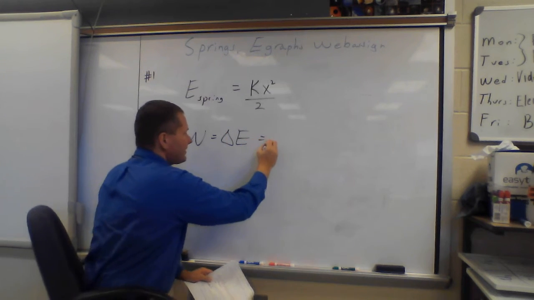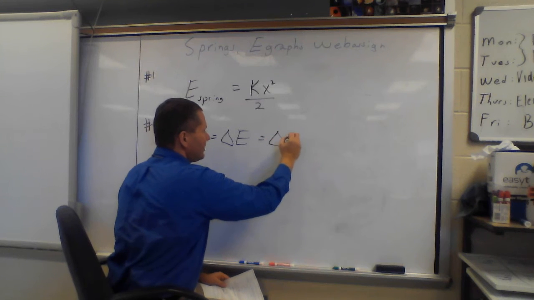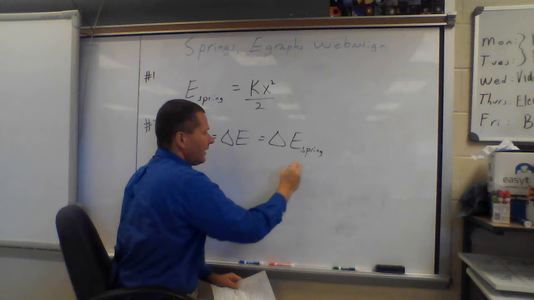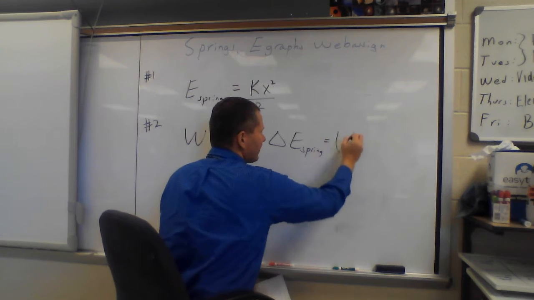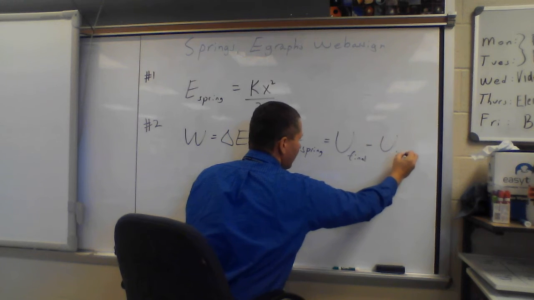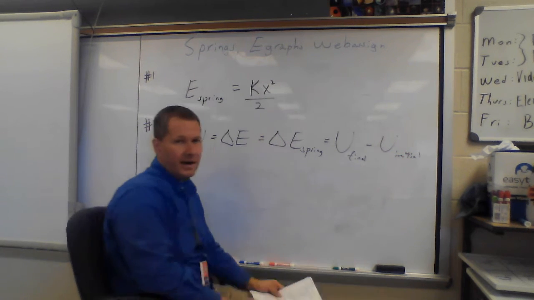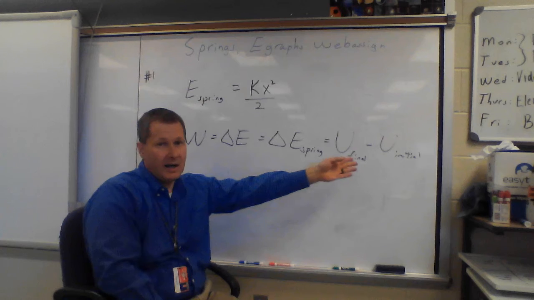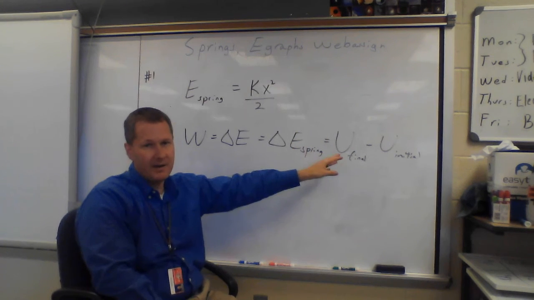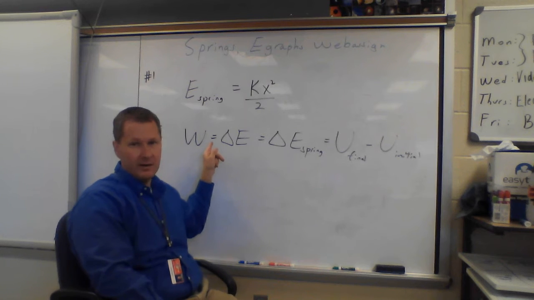In these cases, it's the change in energy in our spring, which is the energy in our spring at what it ends up at, minus what it starts off at. So it's a change in the two energy amounts. How much does it differ by? The amount that it differs by is what you had to do.